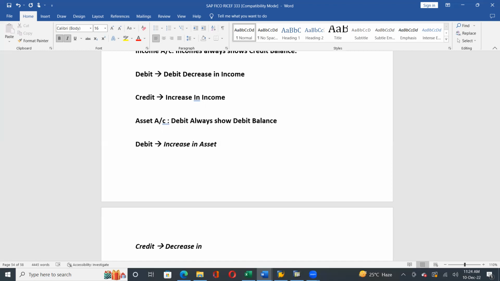What would be the entry you will write? You are selling an asset on a credit basis to a person called X. Sold building to X on credit. What is the entry we will write?